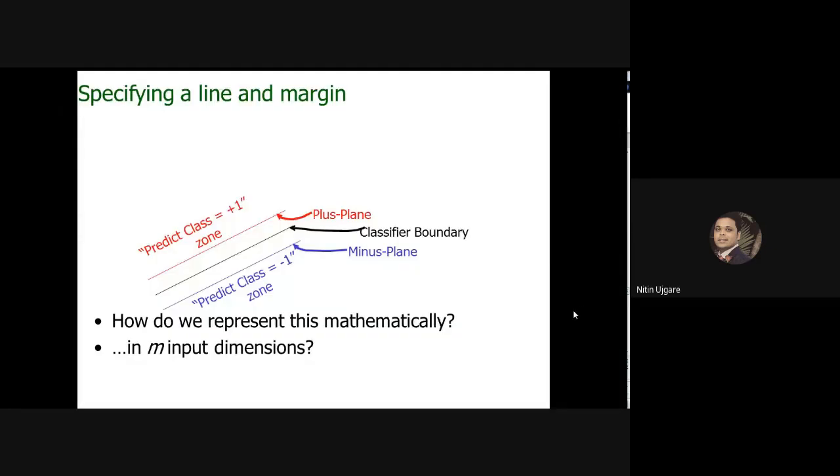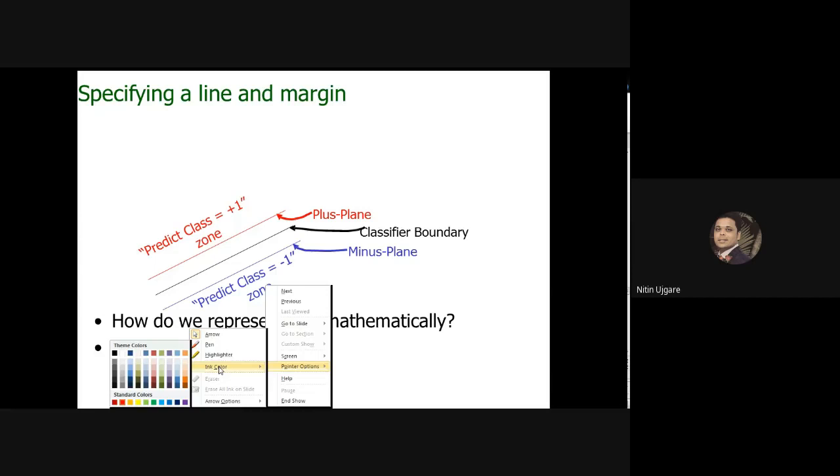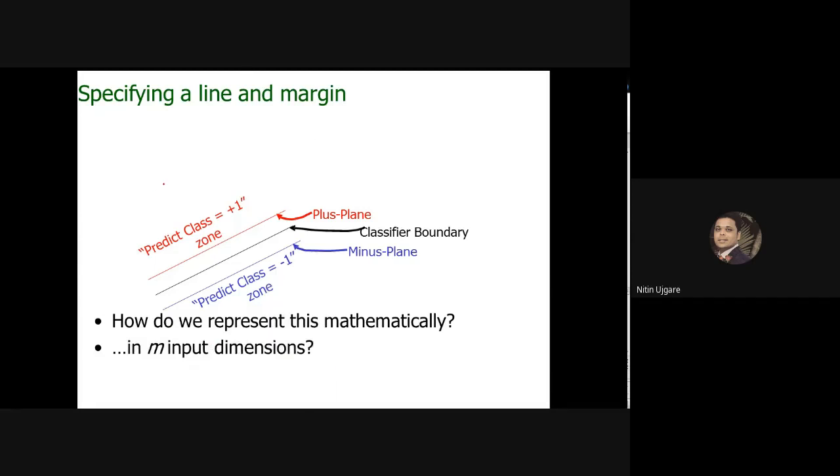Well, now we mathematically represent the decision boundary and the margins of the decision boundary. Okay, so let me take a pen. The decision boundary of a support vector machine is mathematically represented as T is equal to W into X, where T is some threshold according to which input instances are classified to the positive class and negative class.